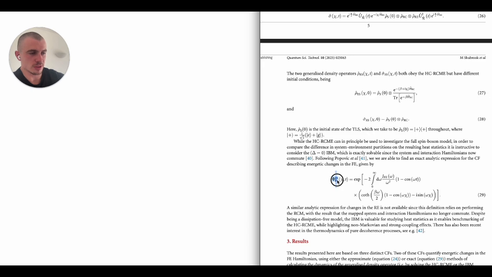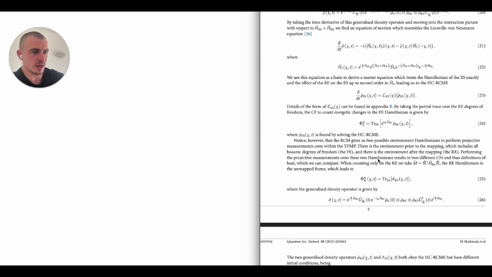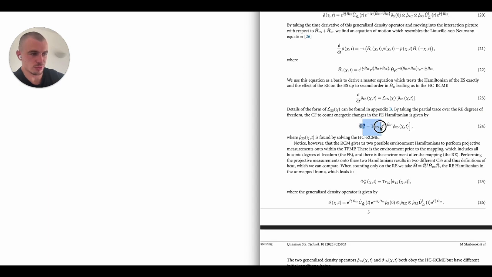We're going to test the difference between this exact expression for the heat statistics of the full environment definition of heat, and we're going to compare that with our approximate expression for those same statistics.